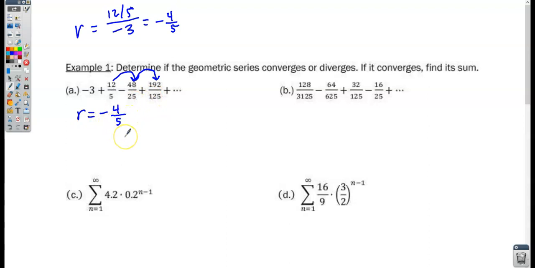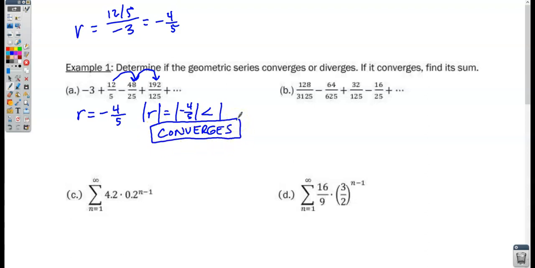All right. Now, first, I want to identify, does this converge? And so I look at the absolute value of R. That's the absolute value of -4/5, which is less than 1. Therefore, this series converges.